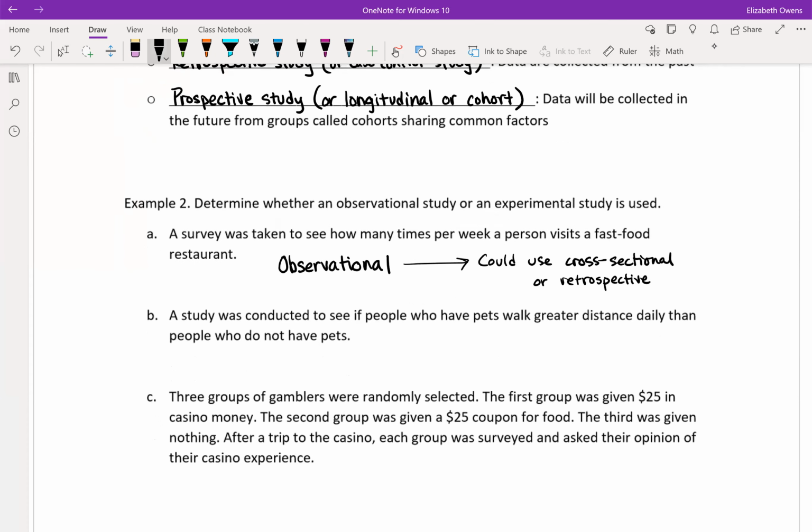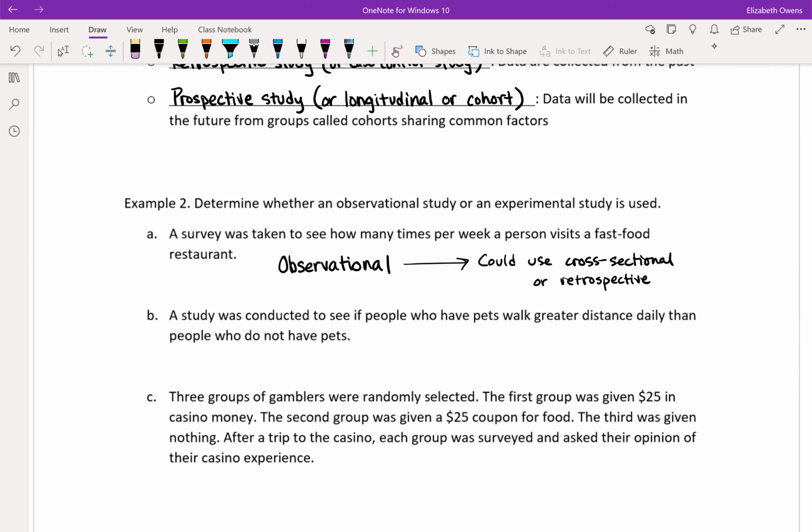Now, the next one: a study was conducted to see if people who have pets walk greater distances daily than people who do not have pets. Again, this does not really mention any treatments. We're not prescribing one group to acquire a pet and see if they end up walking more. This seems to imply that we're looking at people who already have pets and how much they walk, and then people who don't have pets and how much they walk.